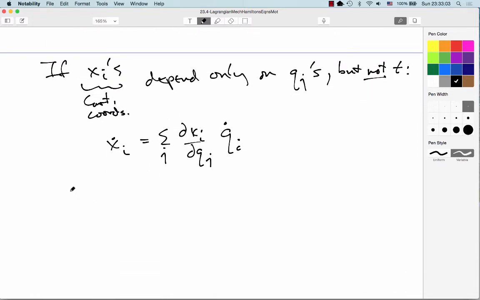So then the kinetic energy will be the sum over i of 1/2 m xi dot squared.